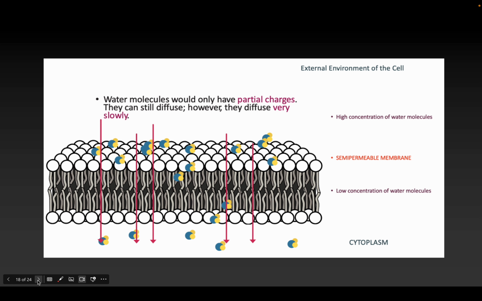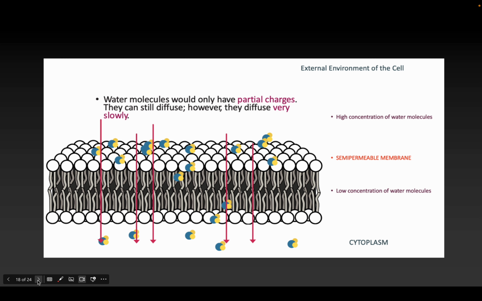Here in this illustration, you can see that water molecules are represented by the blue and yellow circles that serve as representation of one water molecule. Remember that water is actually partially charged. In our comparative table a while ago, we discussed that molecules with net charges, positive or negative, can find it hard to traverse the cellular membrane.